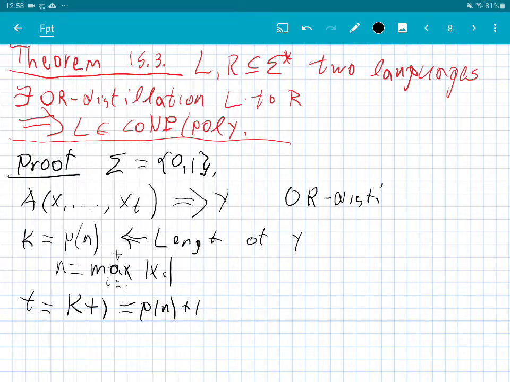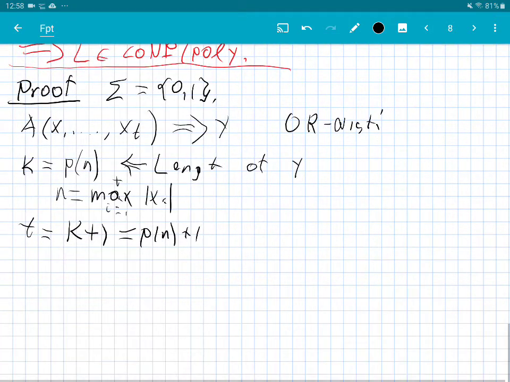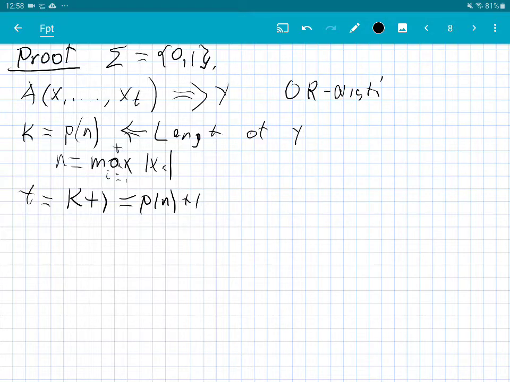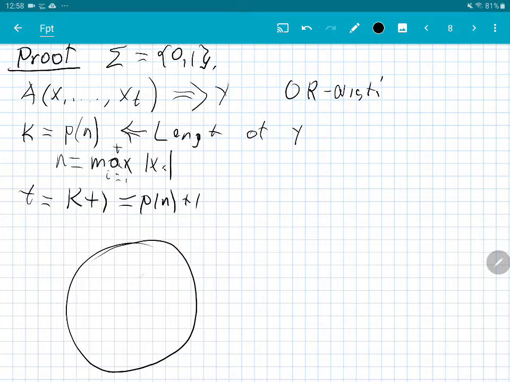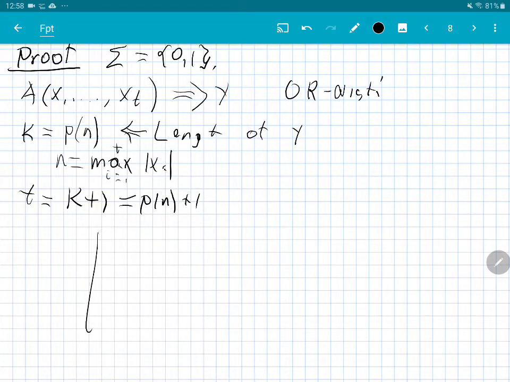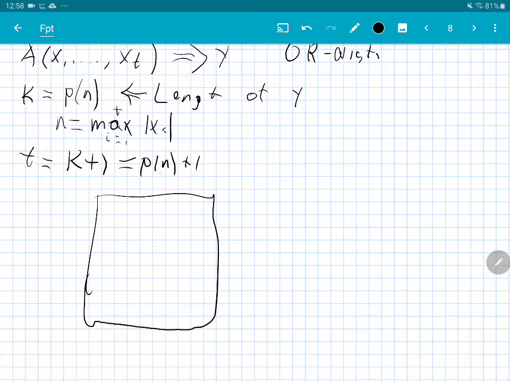And now what is going on? We're going to look at all the input strings, all the strings of length at most n.